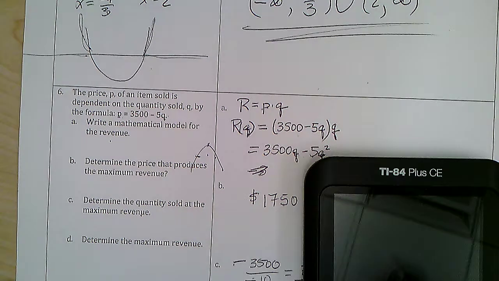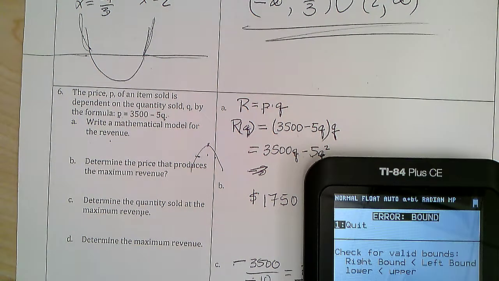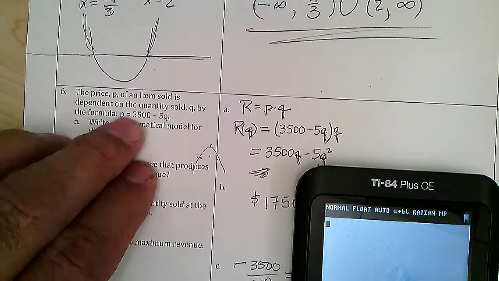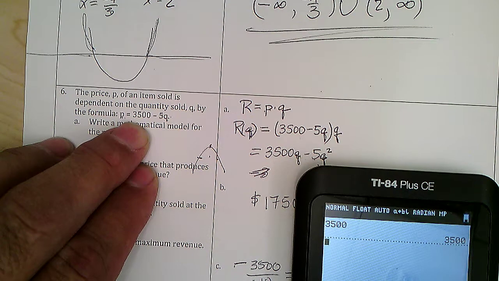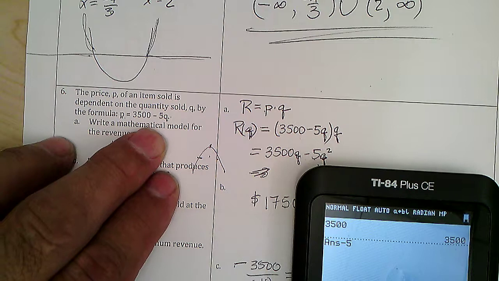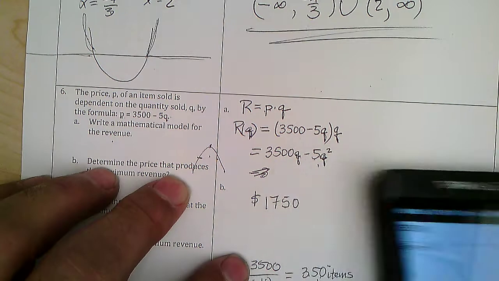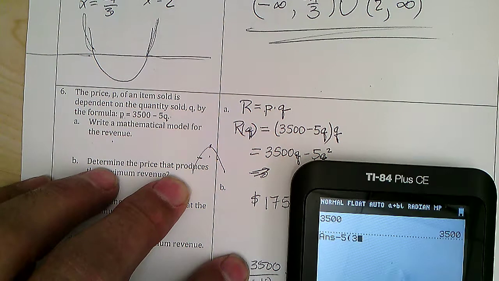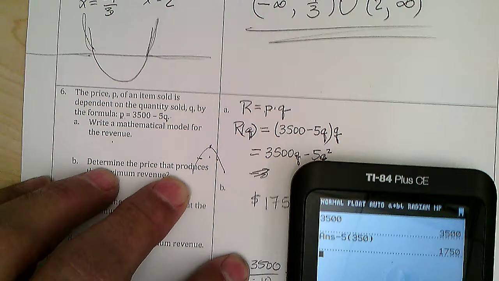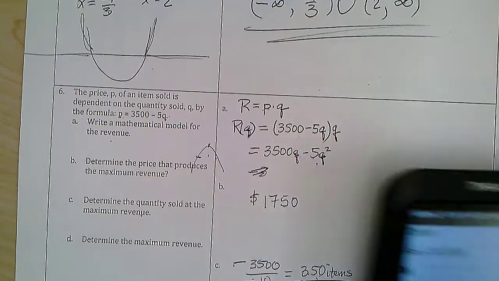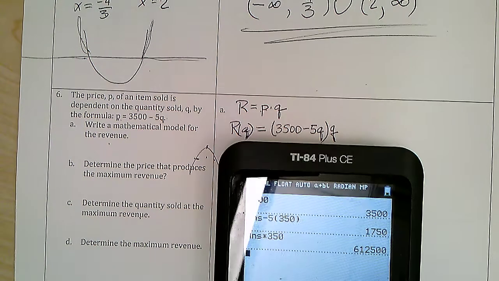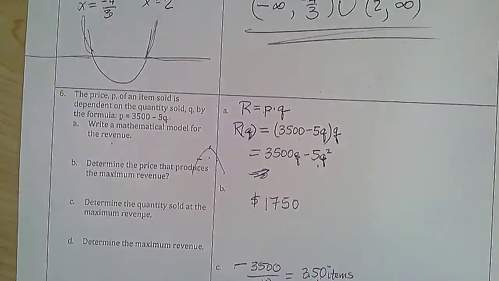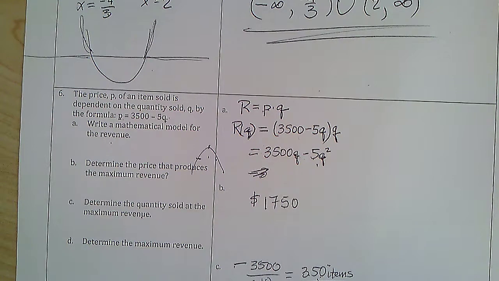I'll check that last answer here just to make sure I didn't make a mistake. 3,500 minus 5 times 350, 1750. That times 350 items is the revenue, 612,500.